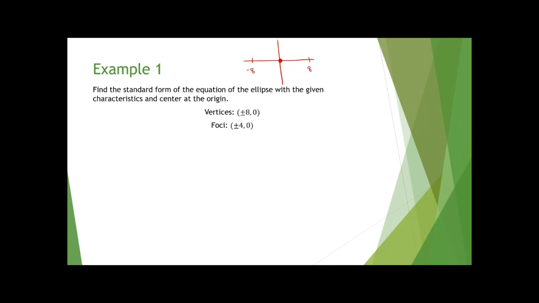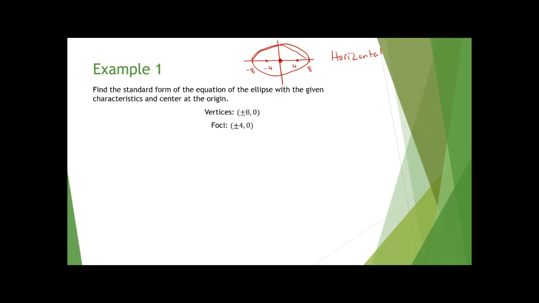The vertices are the parts that actually are on the ellipse. That's a terrible ellipse, but it's what you need to know. And the foci are then at -4 and 4. So this is a horizontal axis for an ellipse.